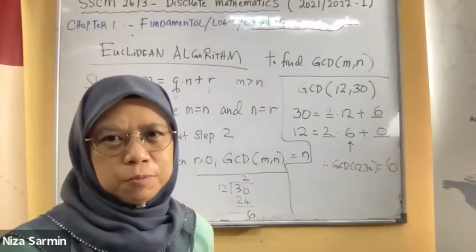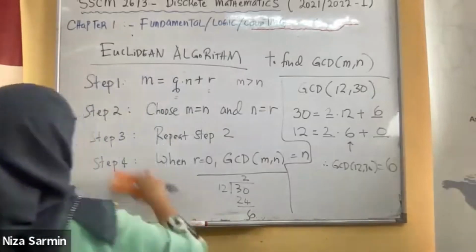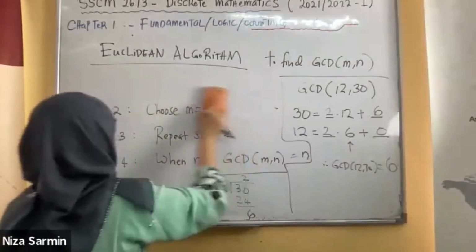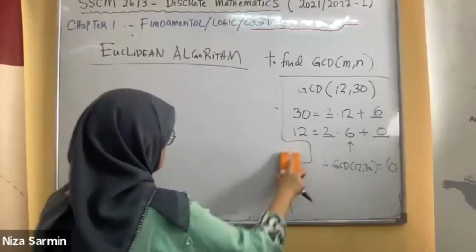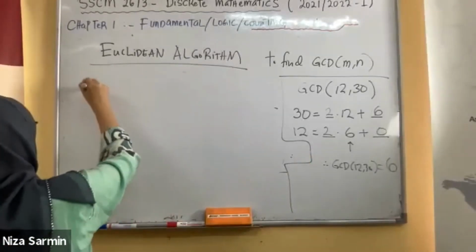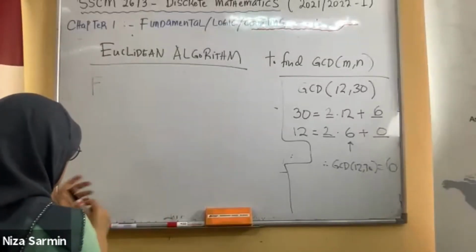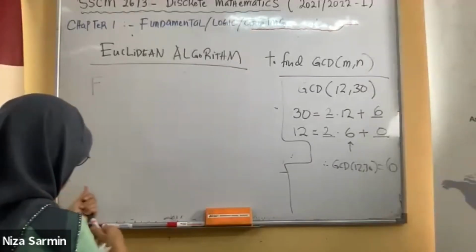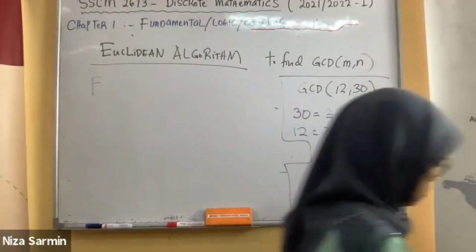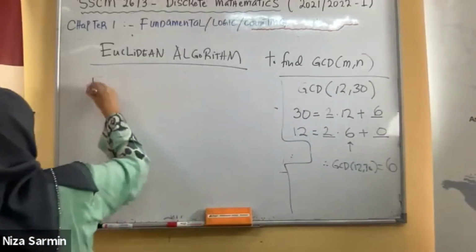If the number is small, the GCD is small, this will be long. Let's try another one.